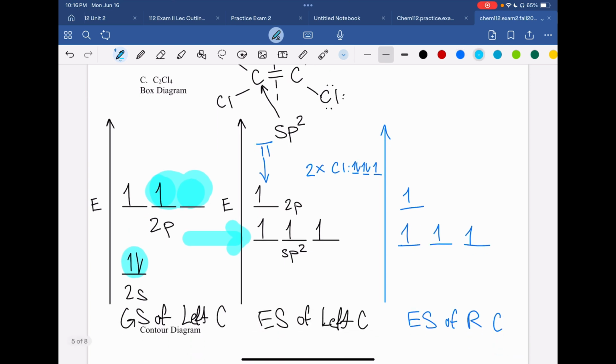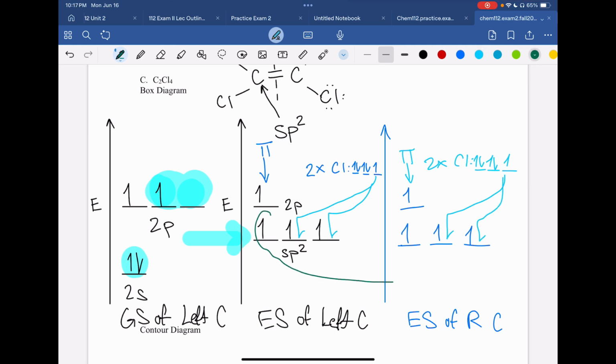This one is going to bond like this, bond like this. This one is your pi bond. 2 times the chlorines. This one's going to bond like this, and then these two are going to come together to form your carbon sigma bond, and these two pi electrons are going to come together to form your carbon pi bond.